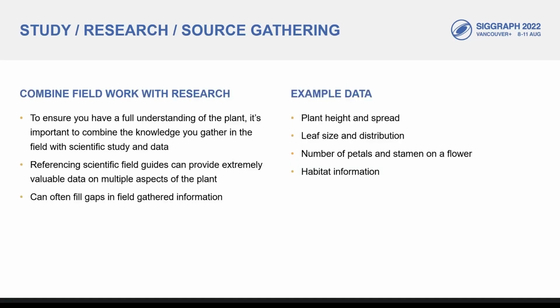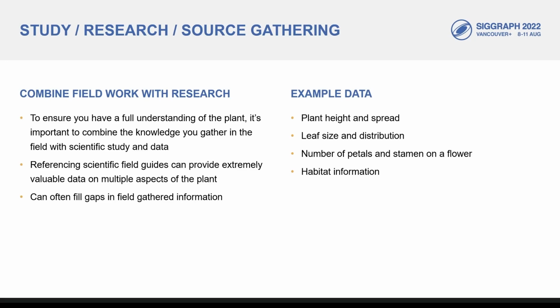So another step we take before we're actually building the model is to combine our field work and source gathering with research. We combine knowledge that we gather in the field with scientific study and data. When we can, we have a back and forth with botanists, which really helps, but that's not always available. So just doing online research can be really valuable. You can reference scientific field guides to get really valuable data on multiple aspects of the plant.